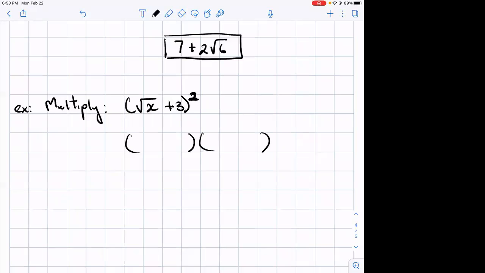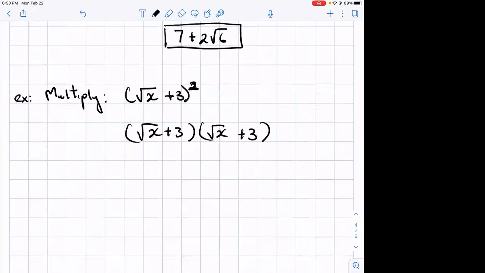So we have root x plus 3 times root x plus 3. Then if we FOIL this out, just as we did before, root x times root x becomes root x times root x.